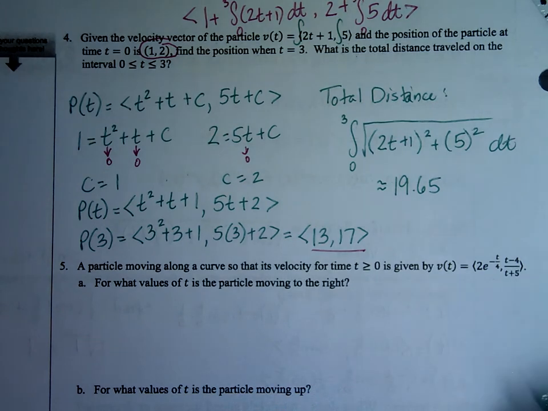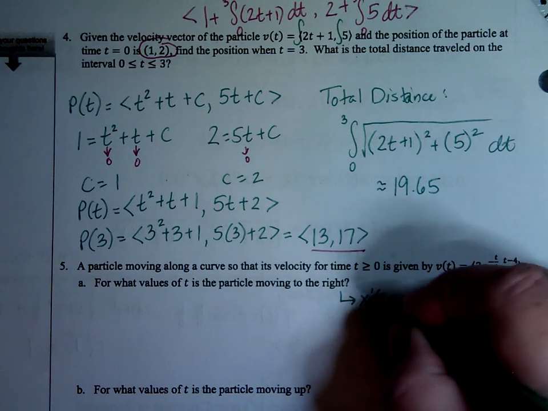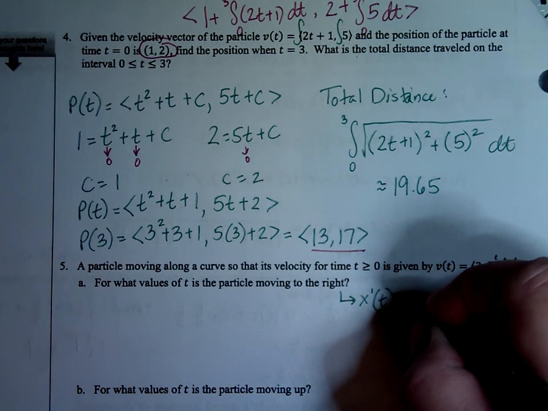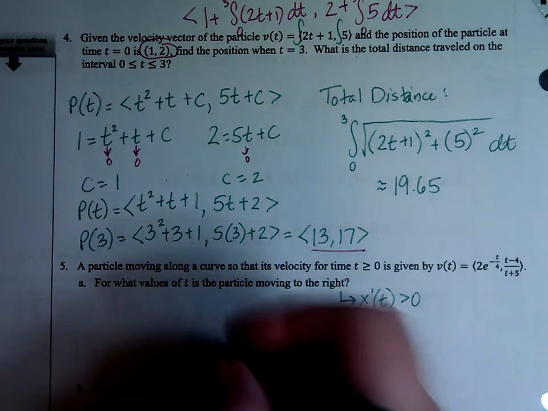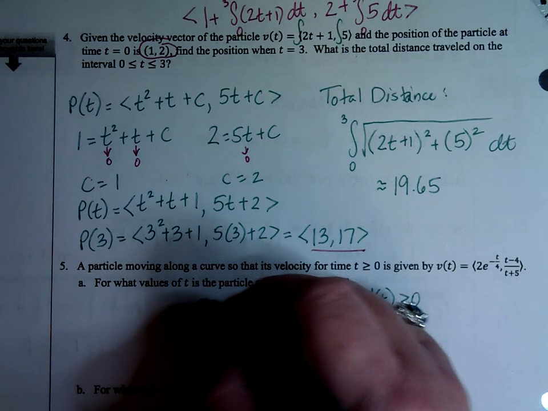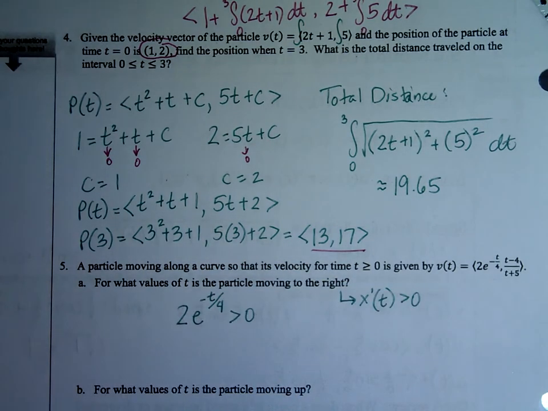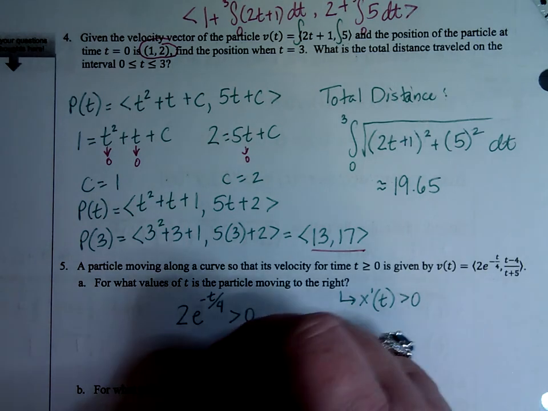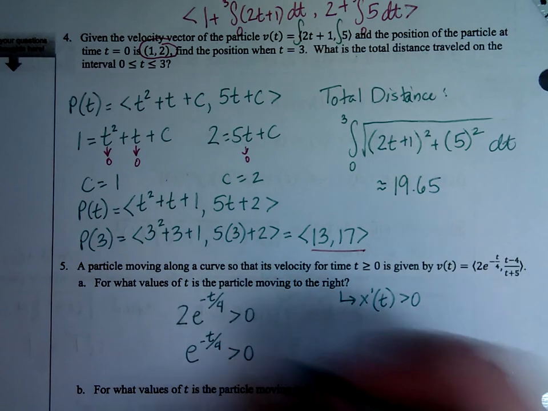So I want to know when x prime of t is greater than 0, and that's going to tell me when it's moving right. So let's think about this. I want to know when 2e to the negative t over 4 is greater than 0. If I divide by 2, then when is e to the negative t over 4 greater than 0?